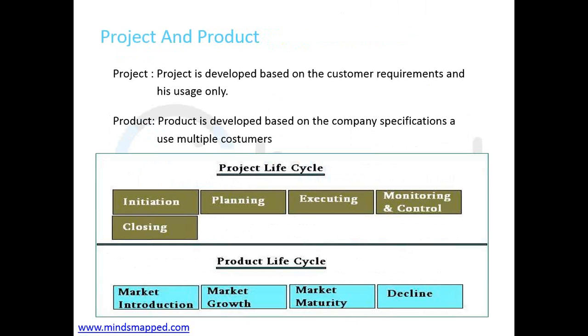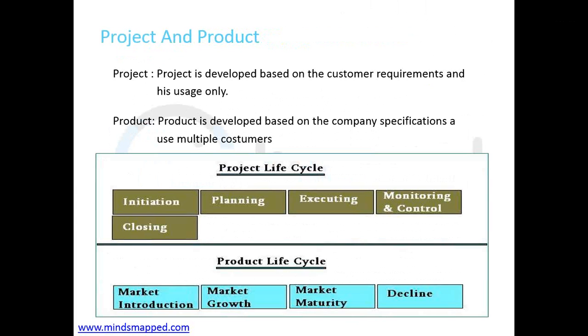So the other concepts we have are project and product. When a company is developing certain software or application for a particular customer and usage, it is called a project, and it is completely focused on the process to develop software for a particular customer.